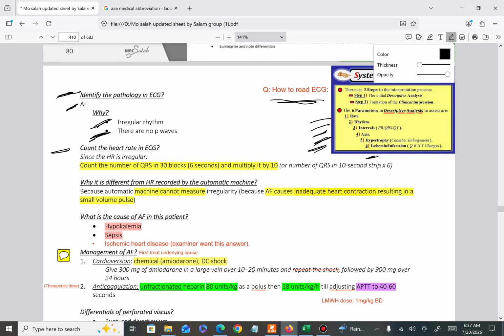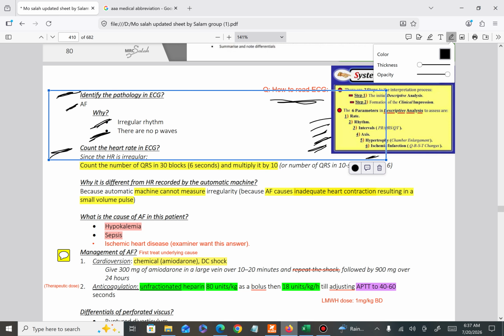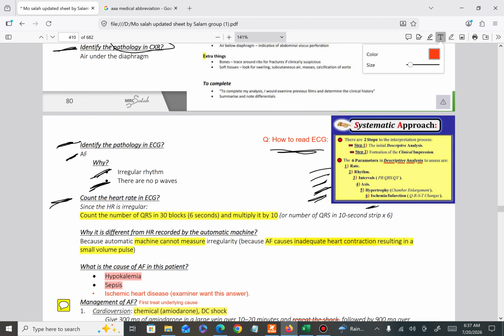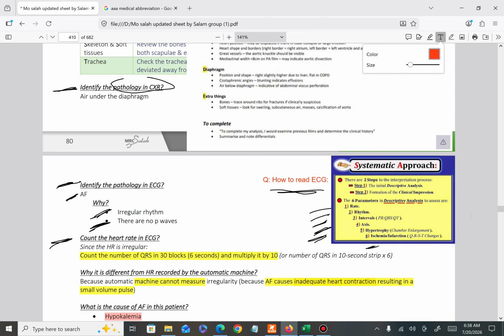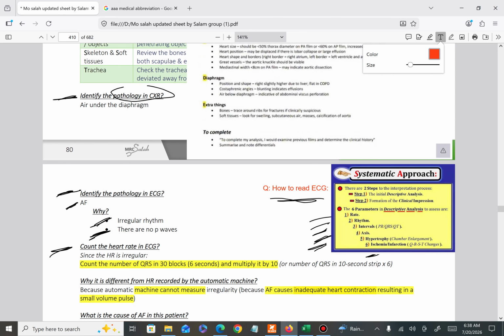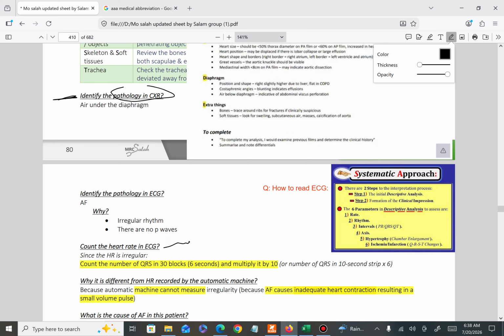Then count the heart rate on the ECG. As we said in the previous lecture, if the rhythm is regular, we divide 300 by the number of large squares between RR intervals.